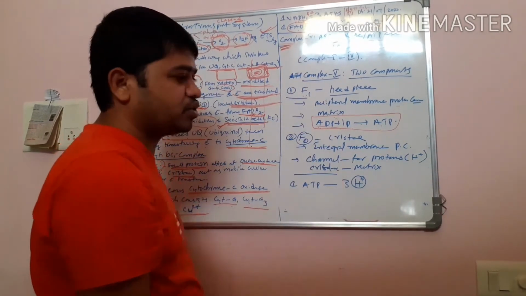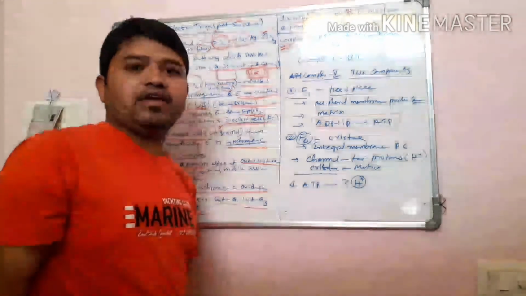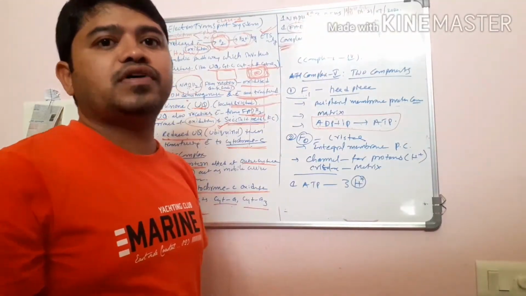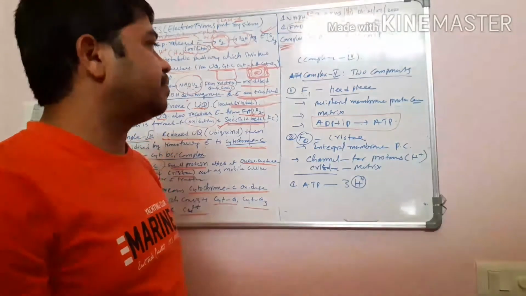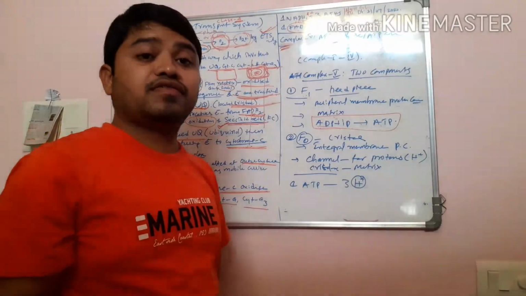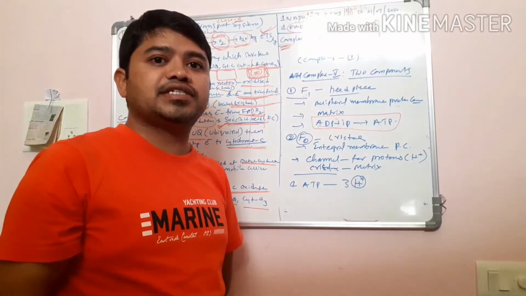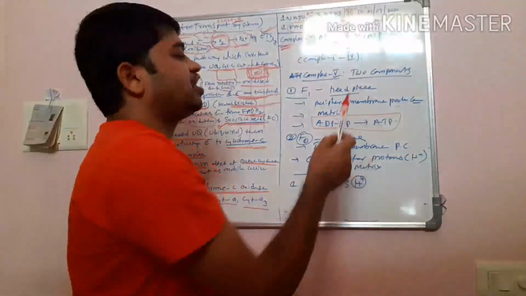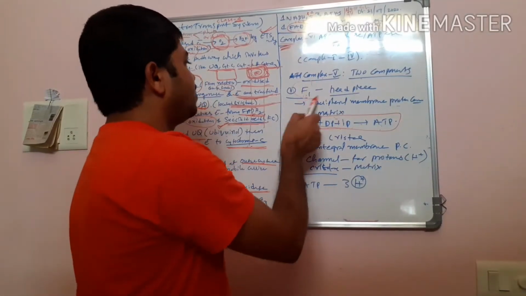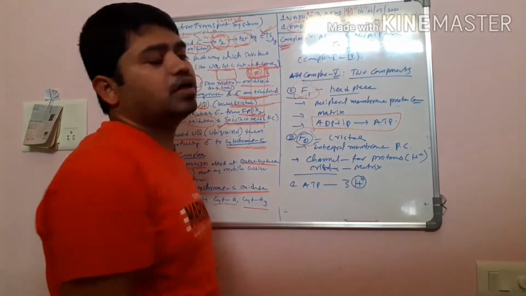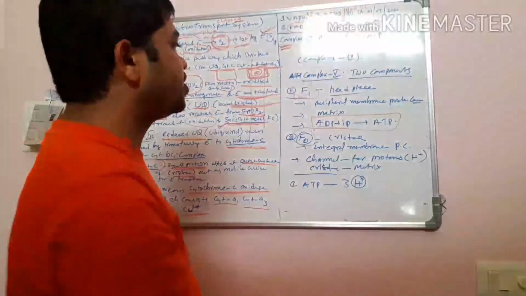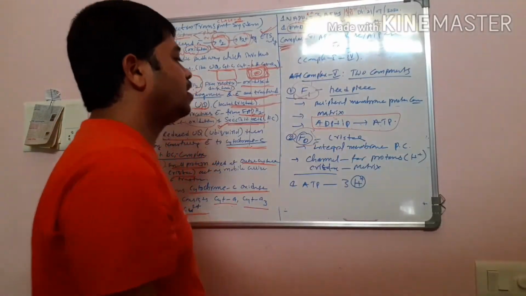This is a neat question: which component of ATP synthase is involved in the formation of ATP, F1 or F0? The F1 component is involved in the formation of ATP from ADP and inorganic phosphate.